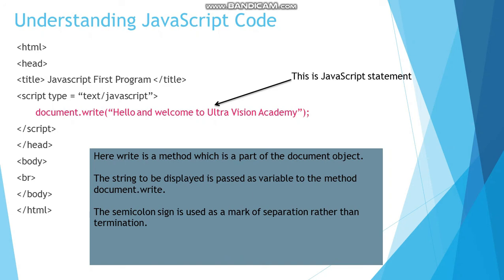So it is actually not termination but separation of statements. So either you can give a semicolon, otherwise you can press enter also. So remember, if you place each statement of JavaScript on a new line, then there is no need to put a semicolon here. So either you can give a semicolon sign or you can give a line break, means enter.